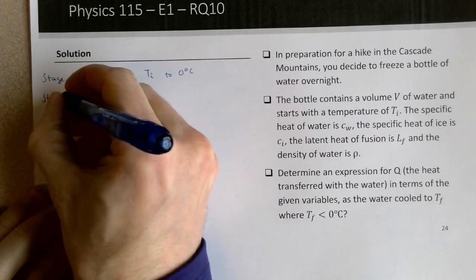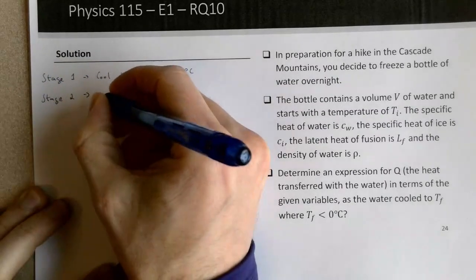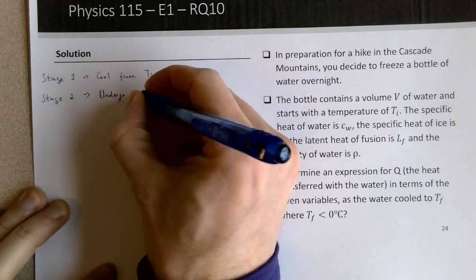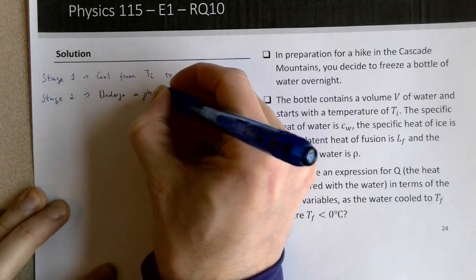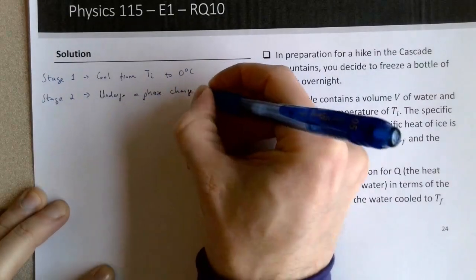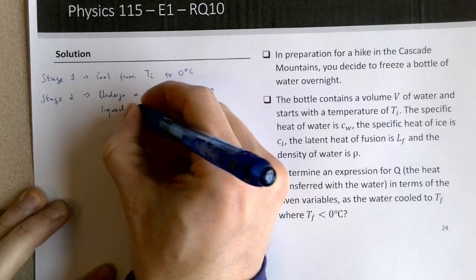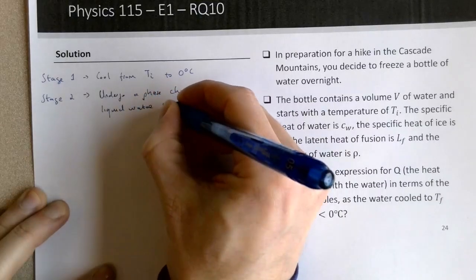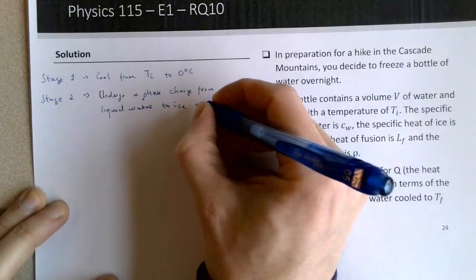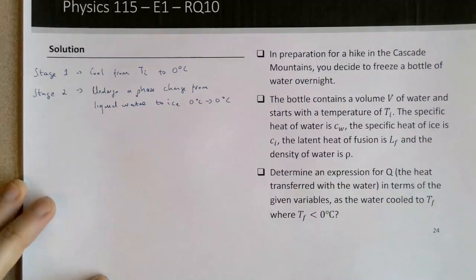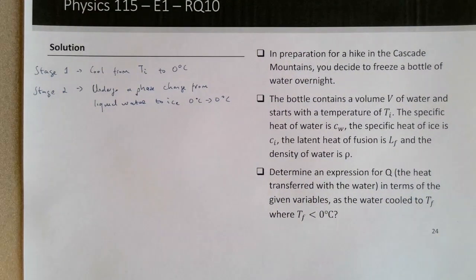Stage 2 has to undergo a phase change, from liquid water to ice. That's 0 degrees to 0 degrees, so there's no temperature change, so that's the piece about the latent heat. We just undergo a phase change.